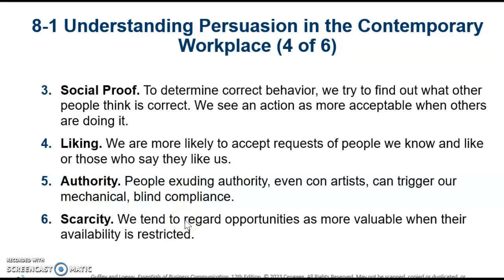People exude authority. Even con artists can trigger our mechanical blind compliance. And we tend to, as a society, obey authority. And the last one is scarcity. We tend to regard opportunities as more valuable when the availability is restricted. Like these sales, get it today, one-time offer. That would be an example of scarcity.